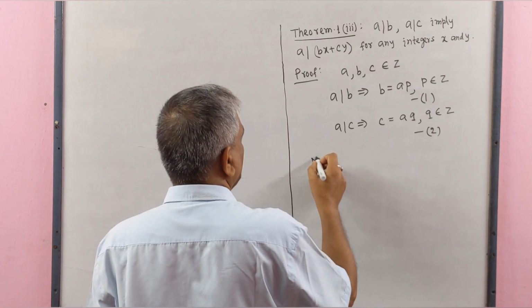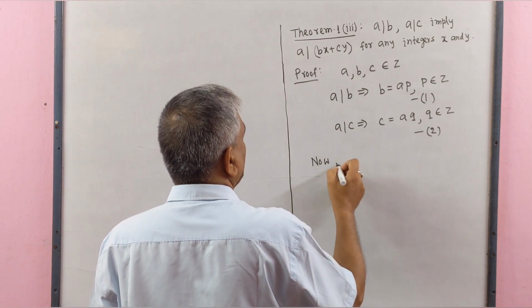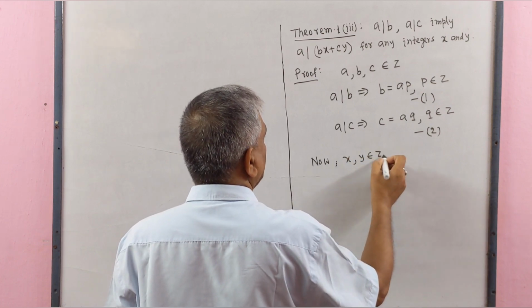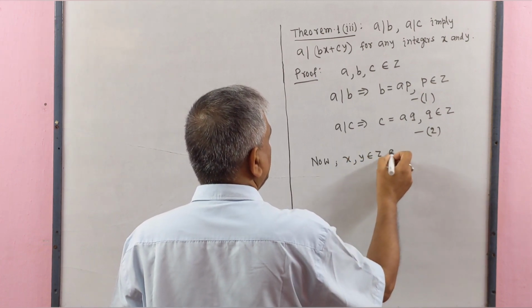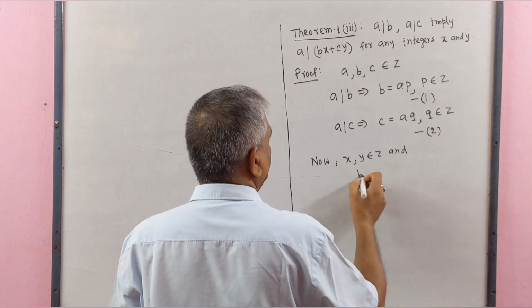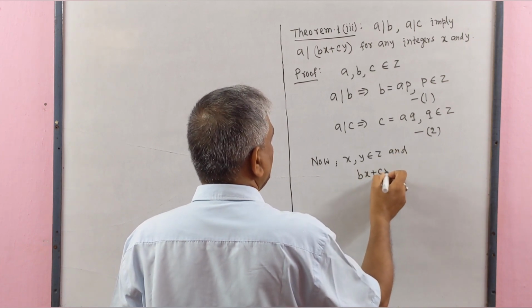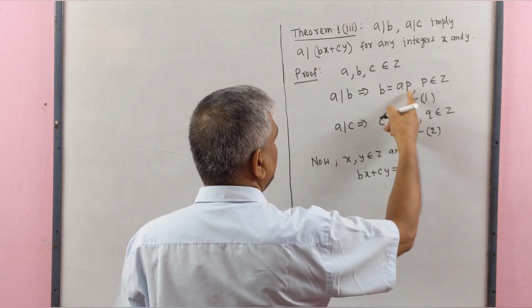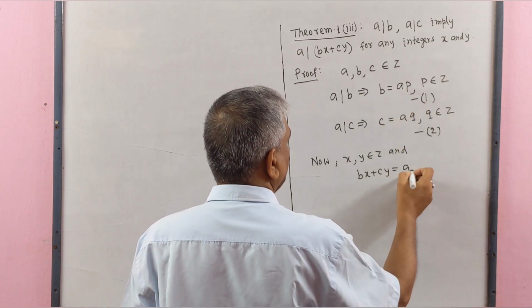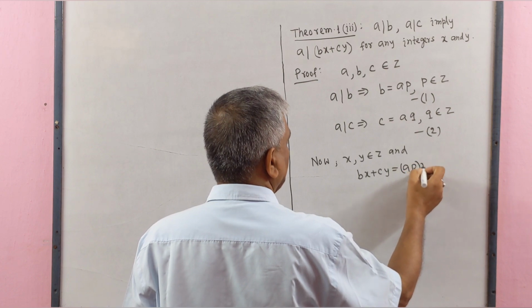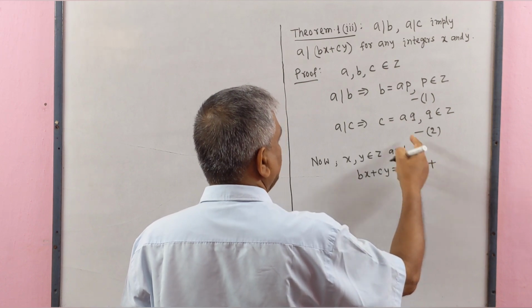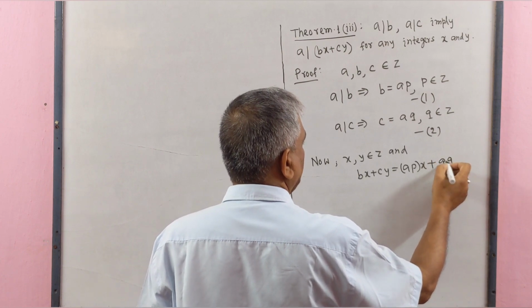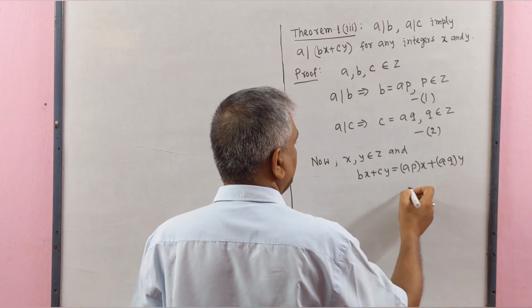Now, x, y belong to Z and Bx plus Cy equal to, from 1, B means AP times x, and from 2, C equal to AQ times y.